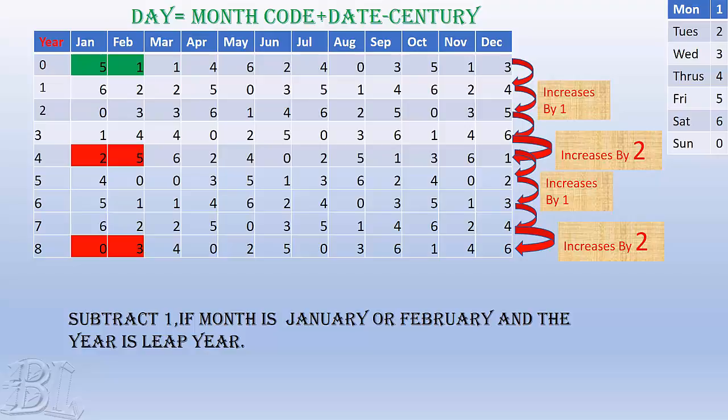Similarly, we add 1 to each code in the red portion, and now the rule is applied for all months including January and February also. But, since we have made correction for January and February, I call the term the JFL code, or the January-February leap year code. JFL code equals 1 if the month is January or February and the year is leap year.